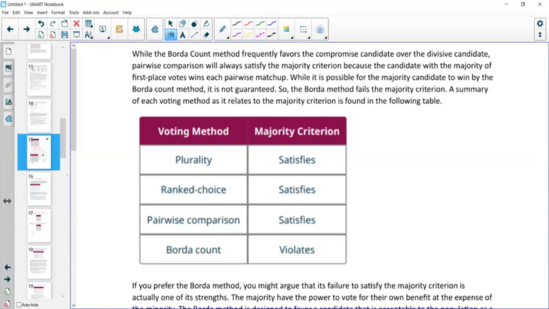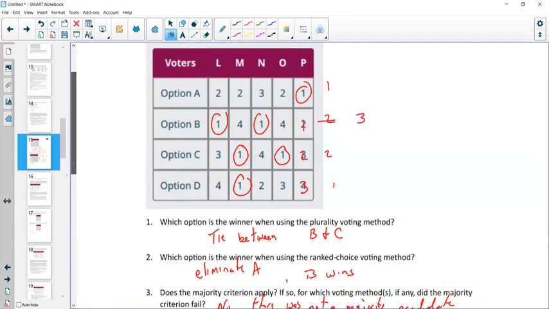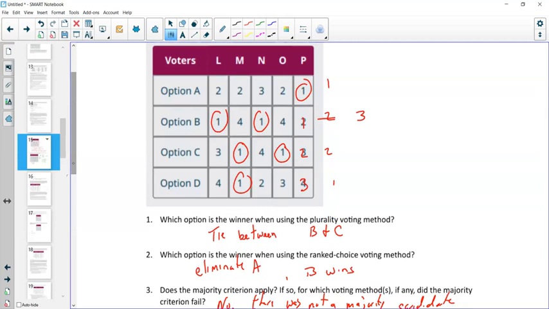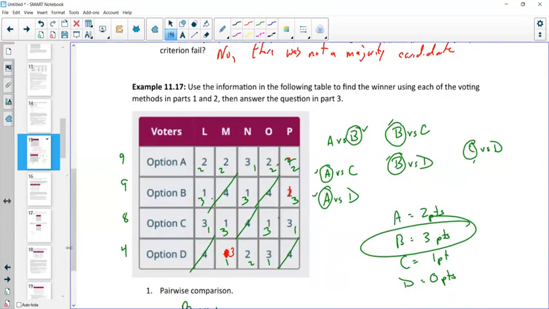Let's go back here and look at this. You look at option A here. Wrong one. Look at option A here. 4 second places and a third place. And then look at option B, who tied A, had 3 first places and 2 last places.